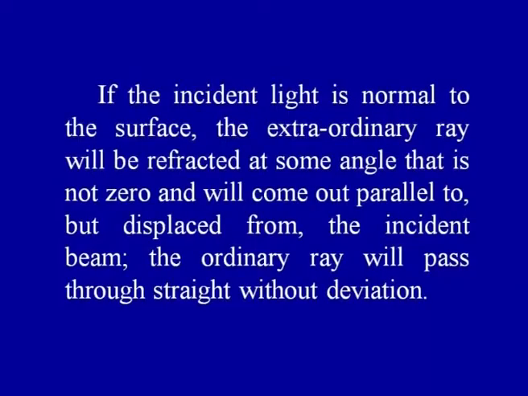If the incident light is normal to the surface of the crystal, the extraordinary ray will be refracted at some angle that is not 0. You note this is a very special feature. The extraordinary ray will come out parallel to but displaced from the incident beam.